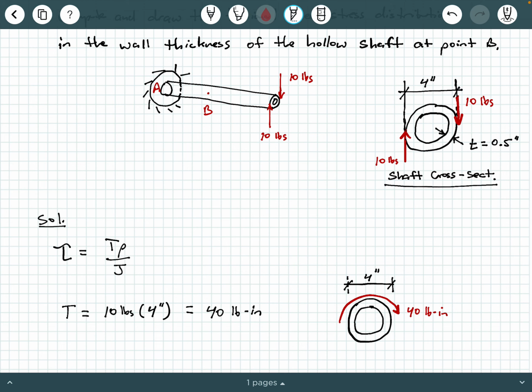I can tell that just by looking, because there are no other applied forces or torque moments anywhere on the shaft. This is not like the previous example where we had two torque moments applied along the length of the shaft. Here, you just have these couple forces at the end causing a tendency of rotation at the end of the shaft, and there's nothing else along here.